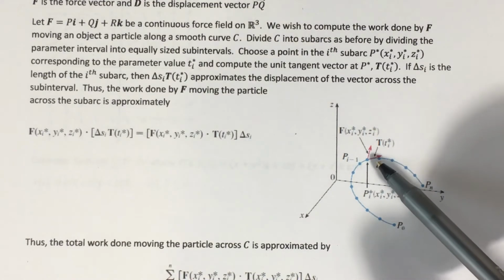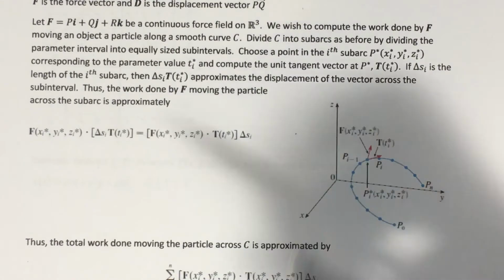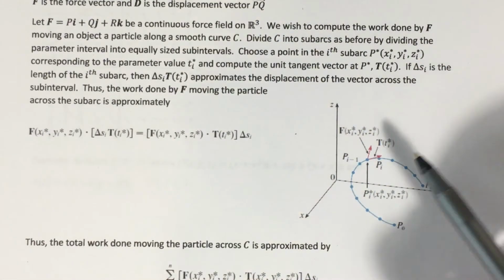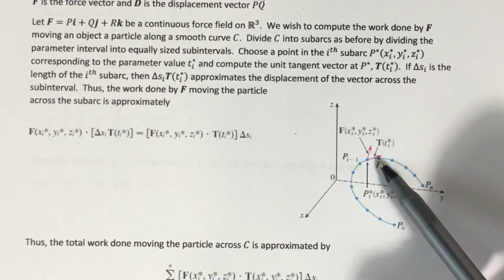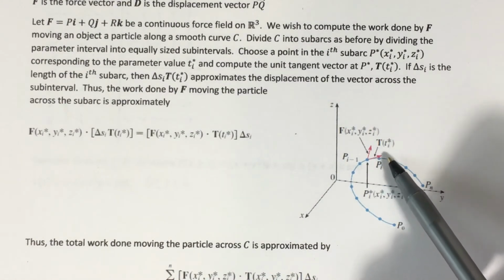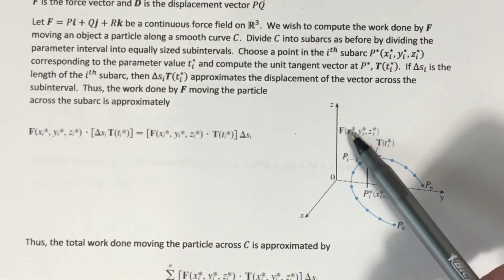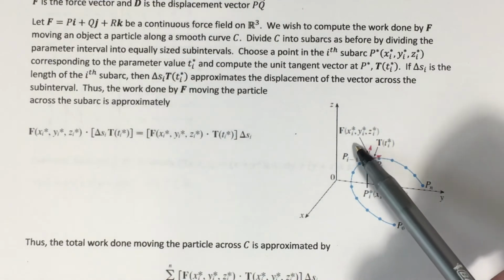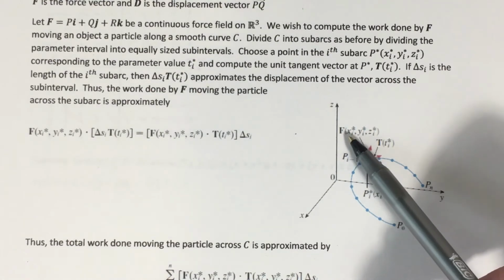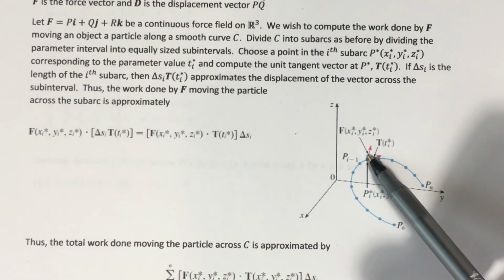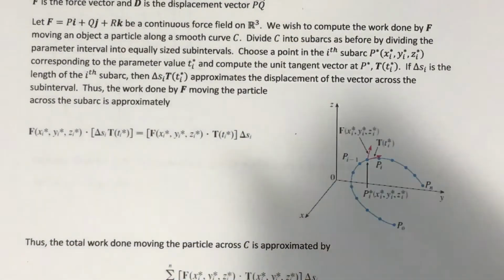Now, what we're going to use that point for is we're going to compute two things. We're going to look at the unit tangent vector to this curve at that point, as well as the value that we get in the force field by plugging that point into our function F here. Okay.